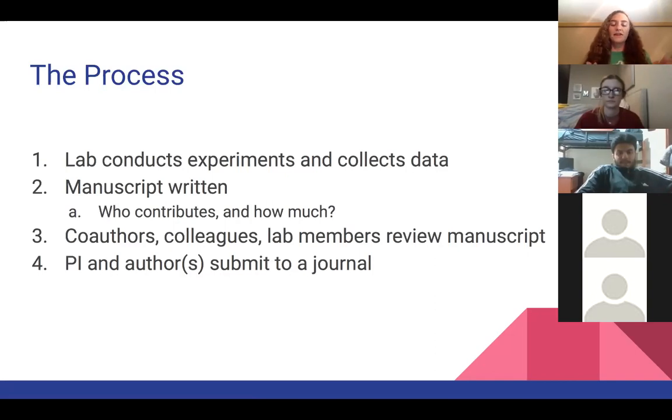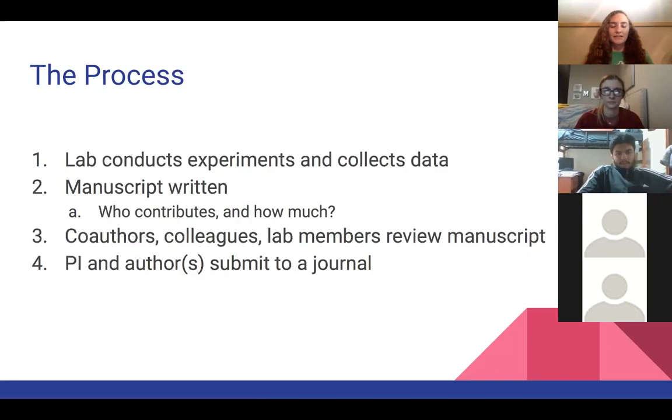Even after all of this, the paper usually is sent off to different colleagues in the field so they can review the article. As it says in the next step, different co-authors, colleagues and lab members review the manuscript because it needs to be perfect before it's released.